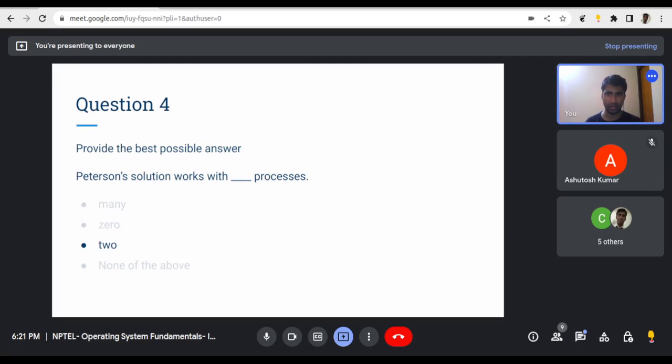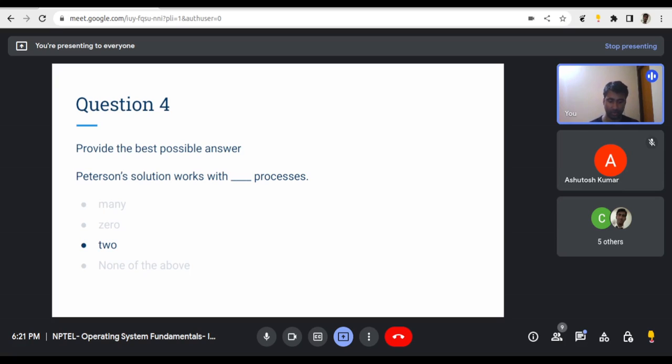It works with 2 processes. Peterson's solution has 2 variables, flag and turn, as you might have seen from the lecture slides. It checks whether the other process wants entry into the critical section or not, and then provides the turn to the other process.